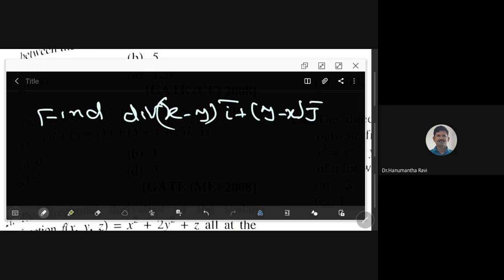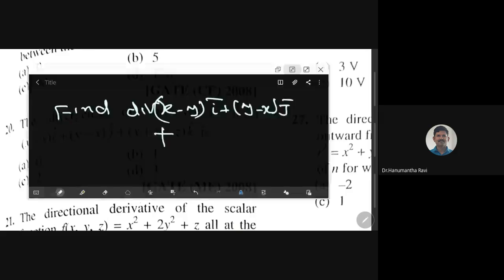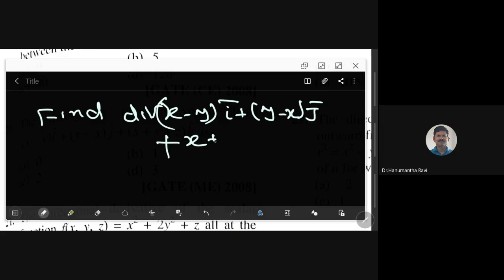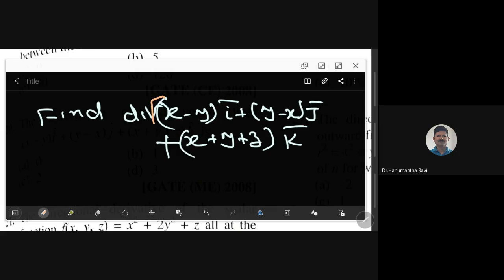So we want the divergence of this whole vector field.